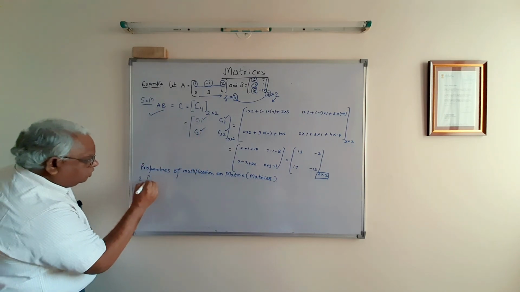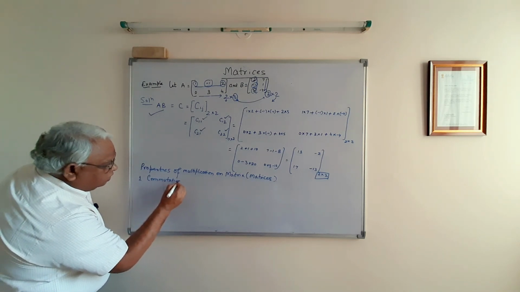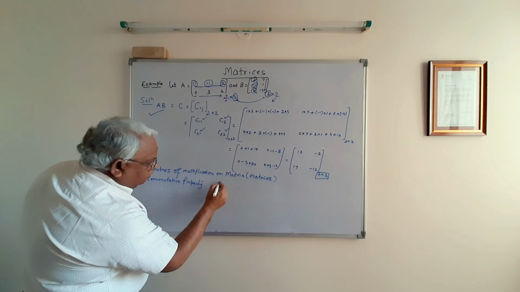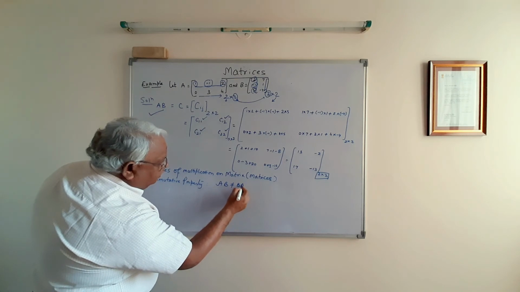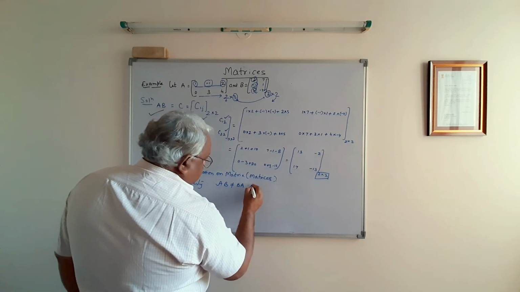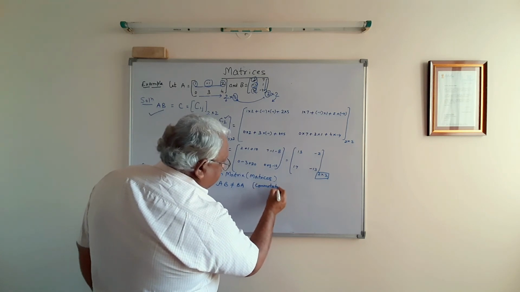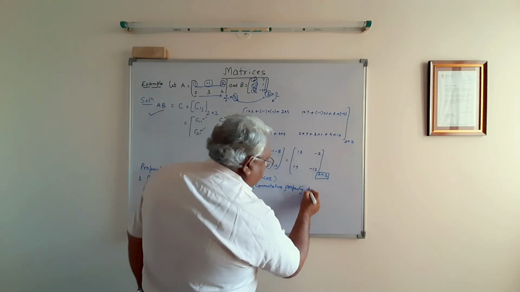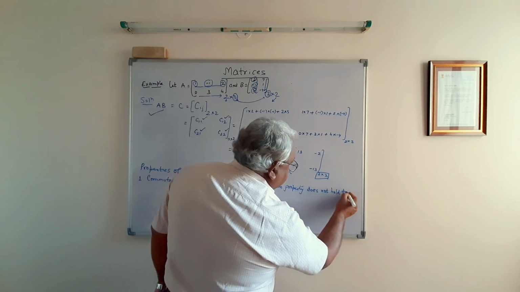Number one, commutative property. AB is not equal to BA. Commutative property does not hold true.